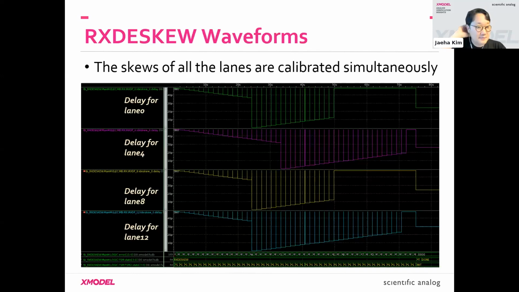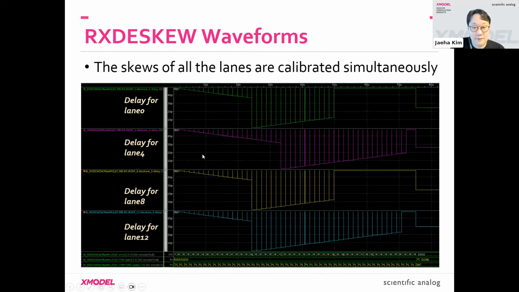Here's a snapshot of the waveform. We are running a series of point tests while changing the skew value for the different lanes. Different lanes may have a different passing range. For example, lane 0 found the upper bound over here and the lower bound over here, and then it's already done, but it is waiting for the other lanes to finish. When they're all finished, it produces the optimal value.